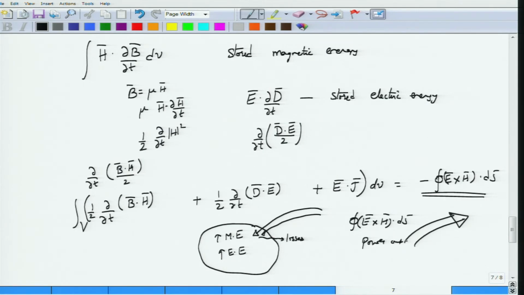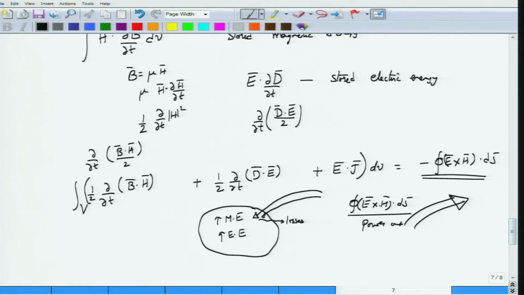This is not just the power actually. If this entire thing is the power, that is correct, but this is power times area, right. Therefore, the quantity inside, E cross H, must represent power density.